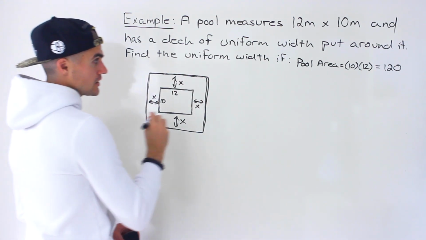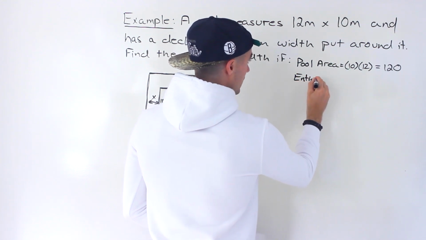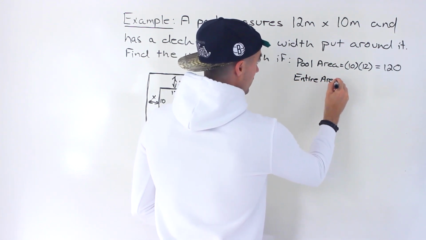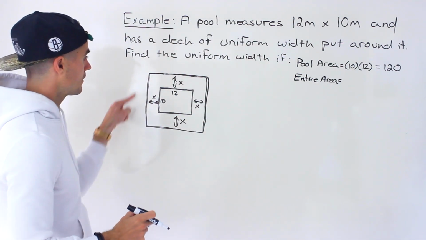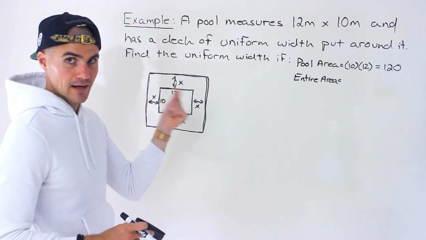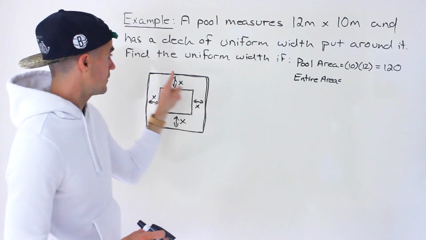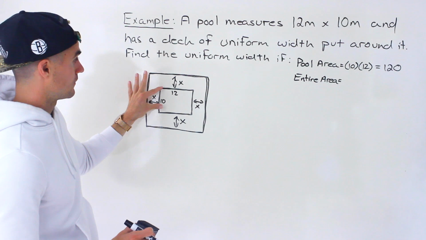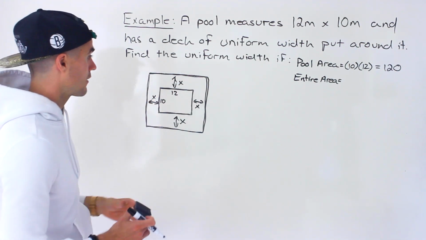And I'm actually going to start with the entire area, because if you think about it, if we have an expression for the entire area, then we automatically get an expression for the deck area, because it's just going to be the entire area minus the pool area. That's going to give us that deck area. So let's start off with the entire area.